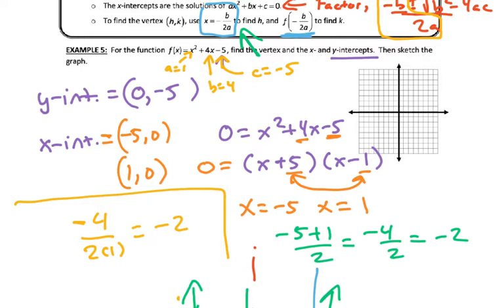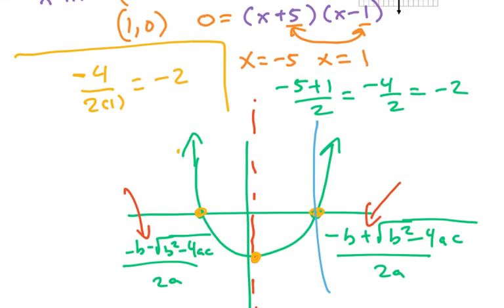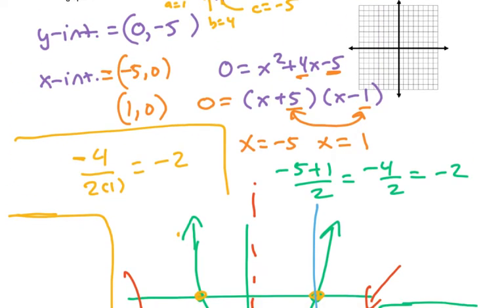To find the y component, the k value, based off the equation, we would just substitute in -2. Remember, x is -2. I'm going to use this top format, but you can use the bottom format if you want to.